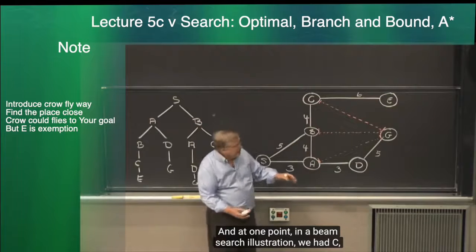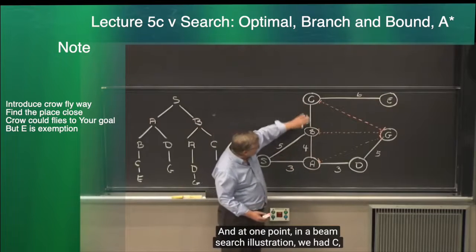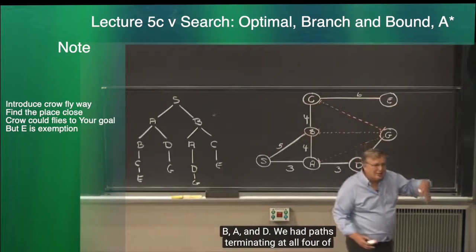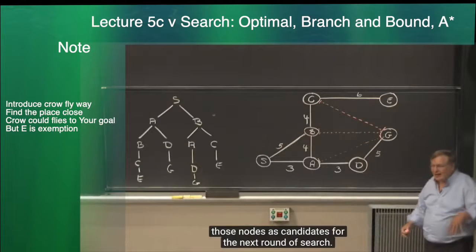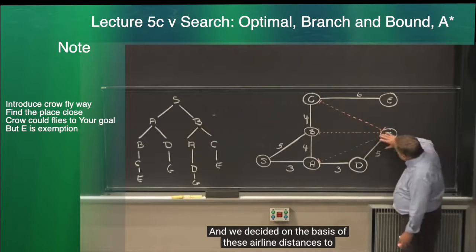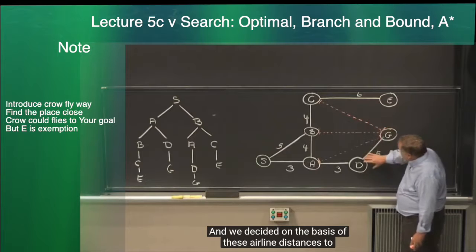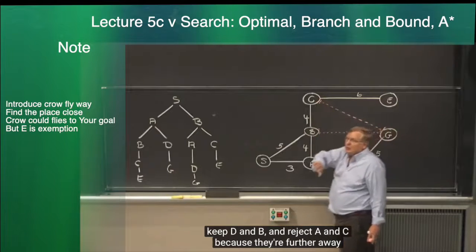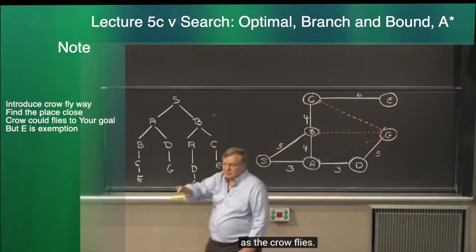And at one point, in a beam search illustration, we had C, B, A, and D. We had paths terminating in all four of those nodes as candidates for the next round of search. And we decided on the basis of these airline distances to keep D and B and reject A and C because they're further away as the crow flies.